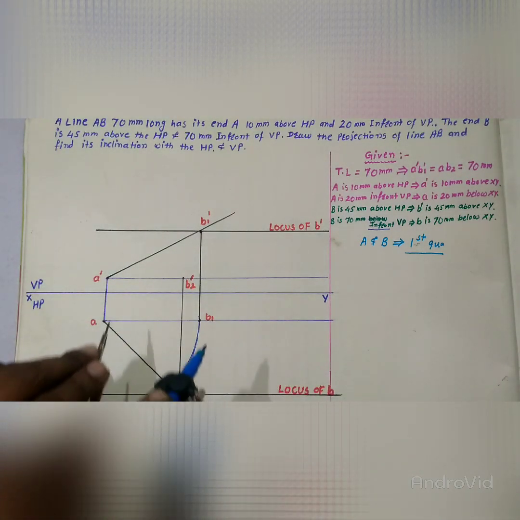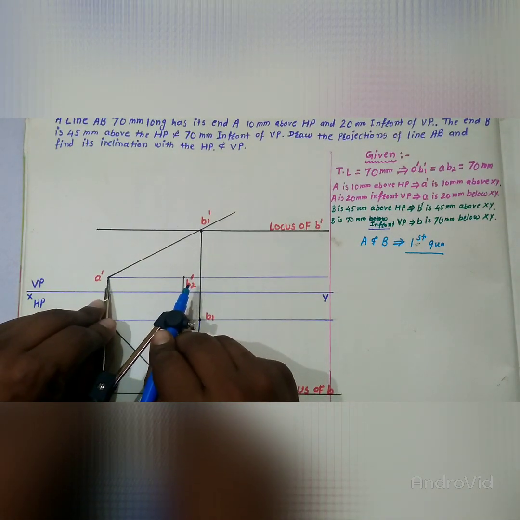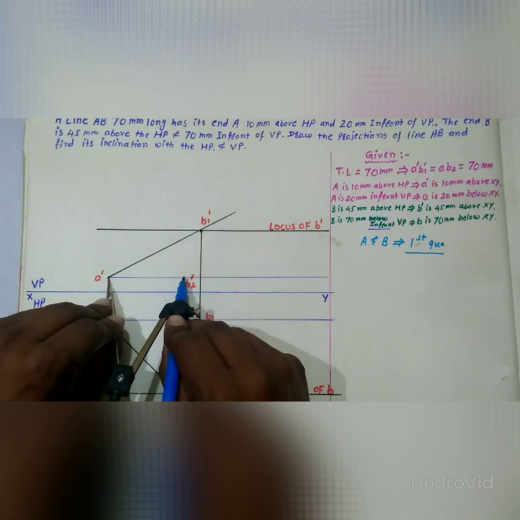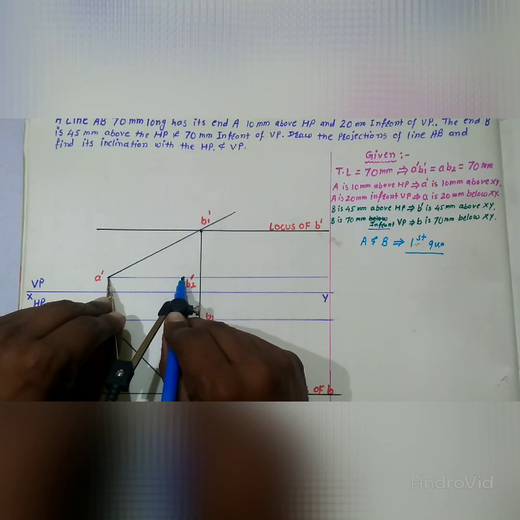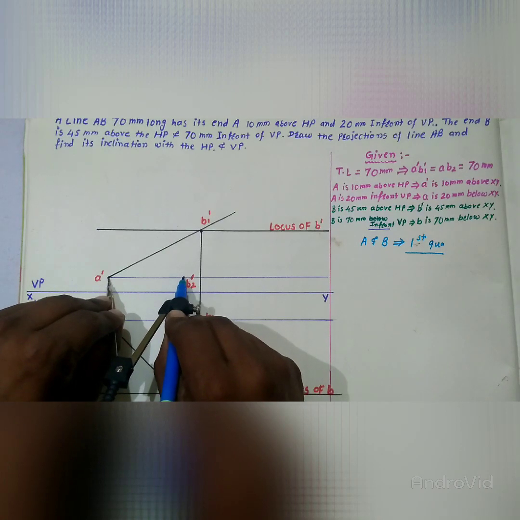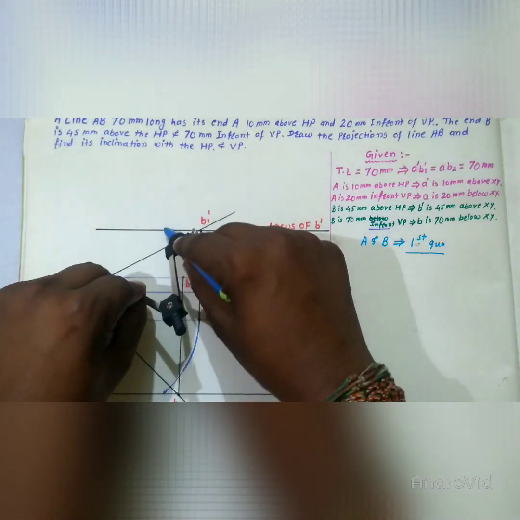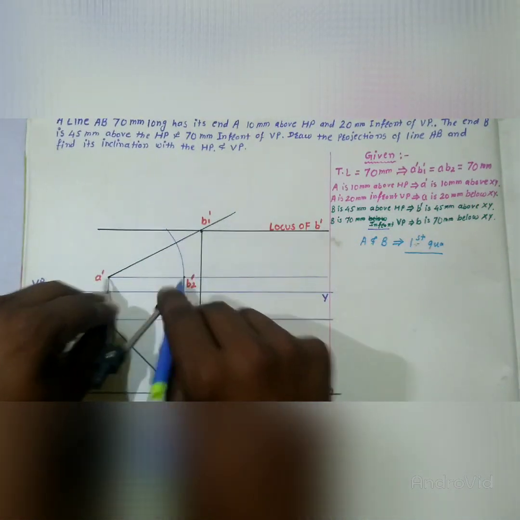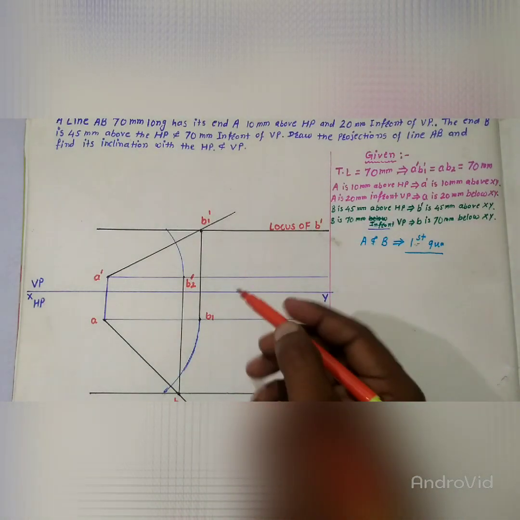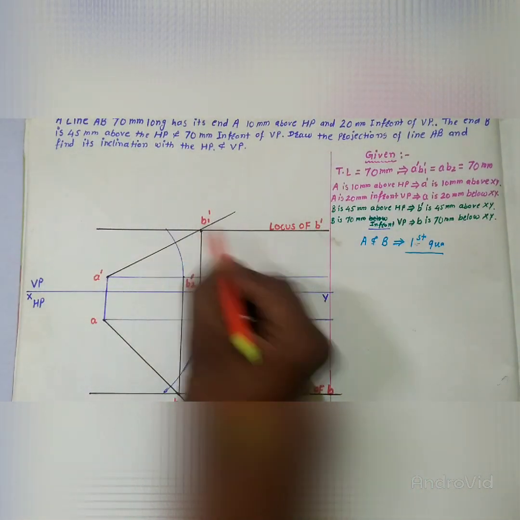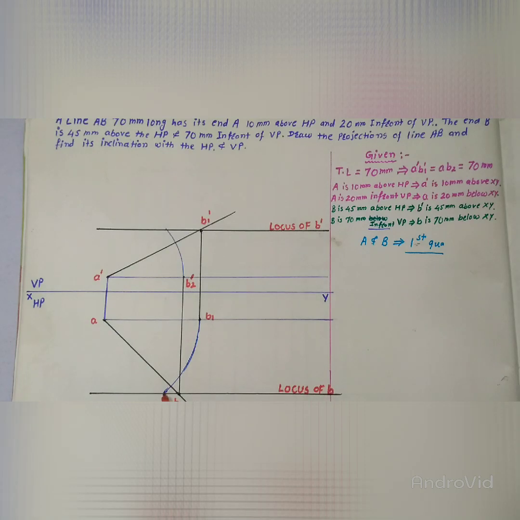Similarly, considering the radius as A dash and B2 dash and center A dash, draw one arc which cuts the locus of A dash, and this curve also cuts the locus of B dash.